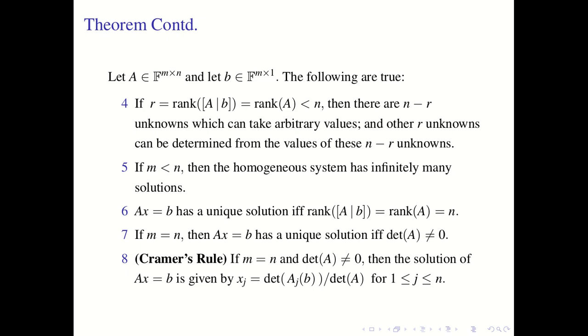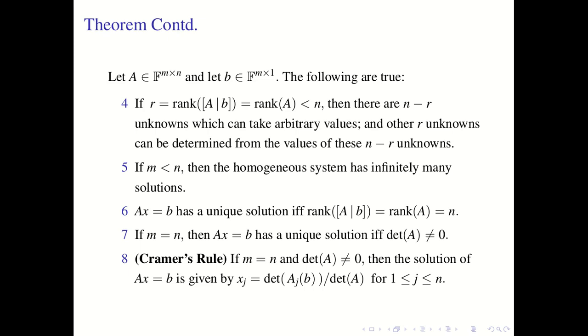And the last one, we call it Cramer's rule. If m is equal to n and the determinant of A is non-zero, then the solution of Ax equal to b is given by xj equal to determinant of Ajb divided by determinant of A. Let me recall the definition of Ajb.